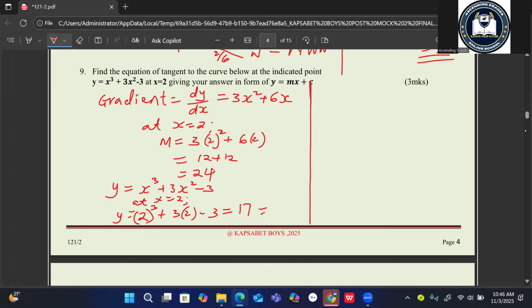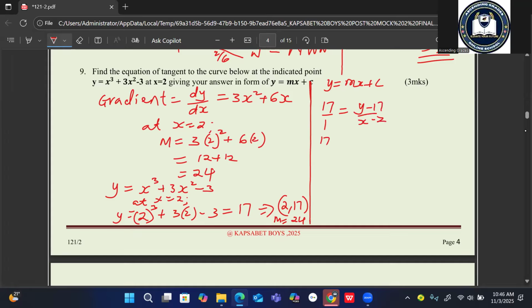So the point is (2, 17), and our m, that is the gradient, is equal to 24. So the equation of the straight line in the form y is equal to mx plus c means that 17 out of 1 should be equal to y minus 17 over x minus 2.